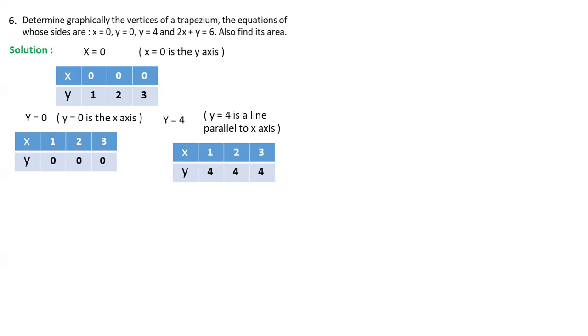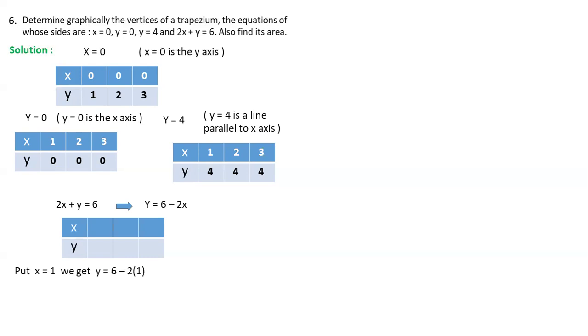Now, we are left with one more equation, the fourth equation, which is 2x plus y is equal to 6. Let us draw that. Y is equal to 6 minus 2x. Put x is equal to 1: 6 minus 2 into 1, that is 6 minus 2 is equal to 4.